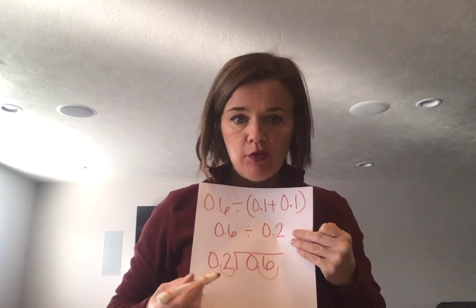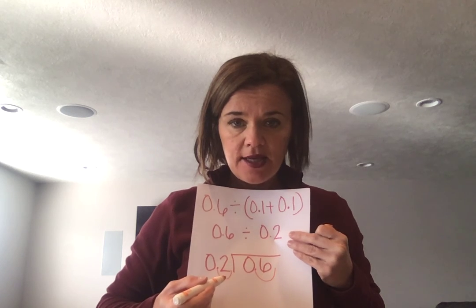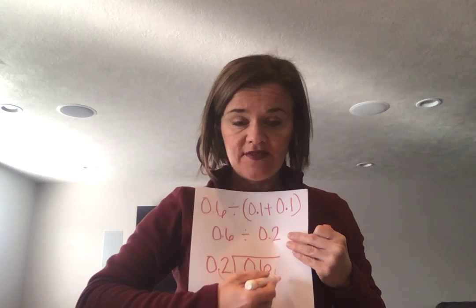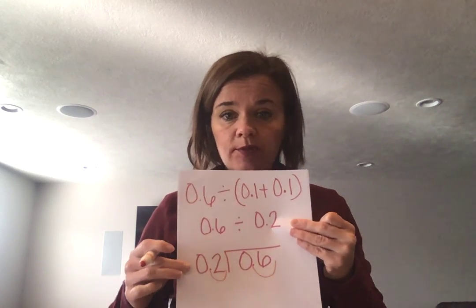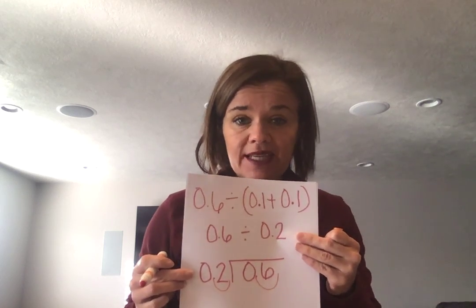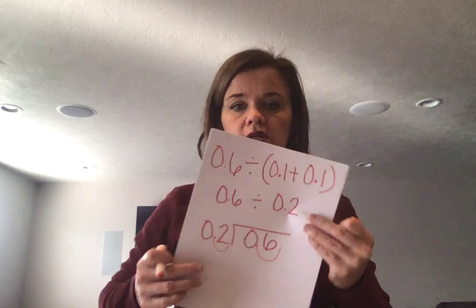So I moved it 1 place value over on this side to get it out of the number, and I moved it 1 place value here. So now my problem is no longer 0.2 into 0.6. My problem is now 2 into 6. Okay, so here we go.